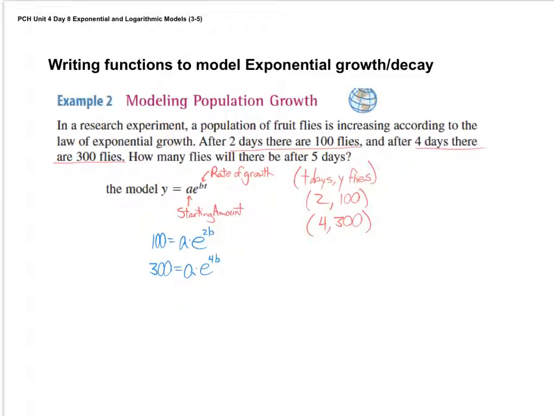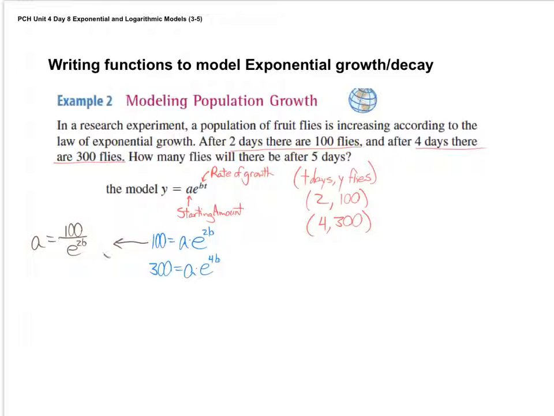And there's 2 different ways that you could do this. It's really a matter of preference. It's not that one's right or wrong or even better or worse than the other. One method is if we take one of these equations and solve it for a. Let's say we divide both sides by e to the 2b, we'll get a equals 100 divided by e to the 2b power.